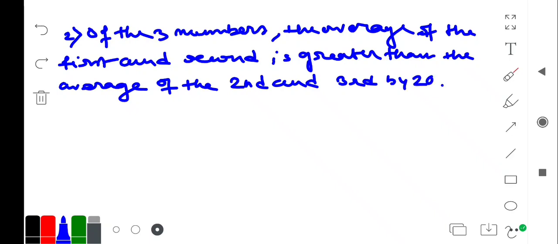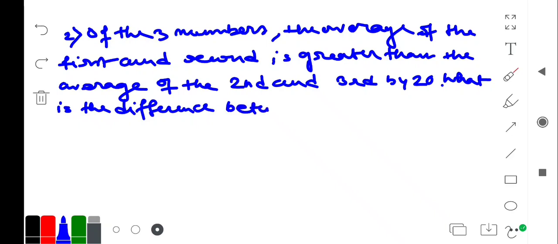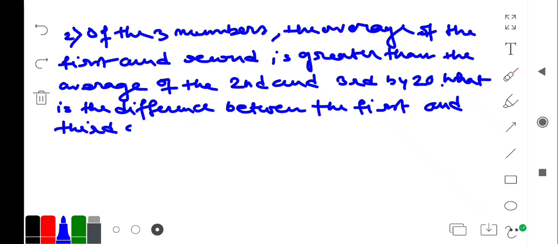Okay, so what is the difference between the first and third of the 3 numbers?